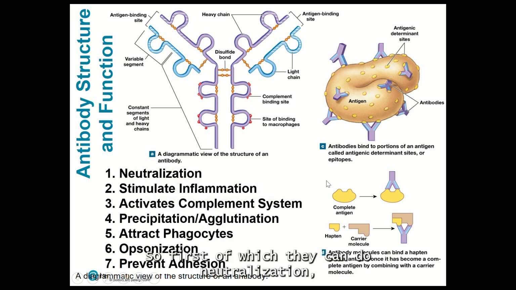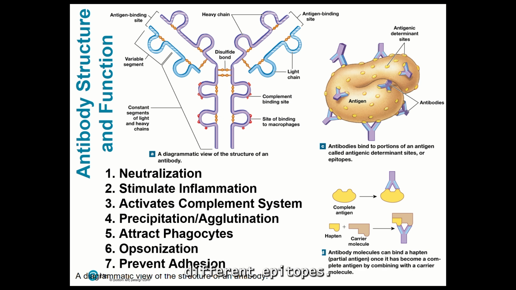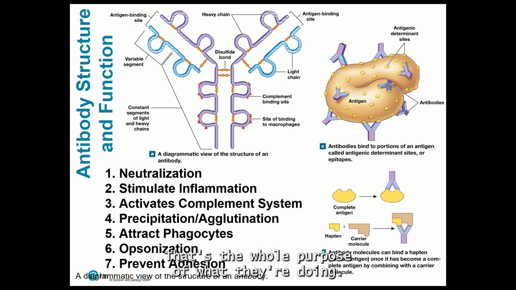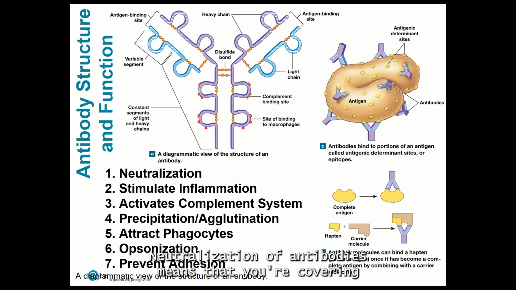And here they are. First of which, they can do neutralization, which means when we're looking at all these epitopes, the antibodies are going to swarm and attach to all these different epitopes. Now remember, I mentioned bacteria need to feed on your body cells. That's the whole purpose of what they're doing. In order to do that, they have to attach to your body cells. Neutralization by antibodies means that you're covering their attachment sites.